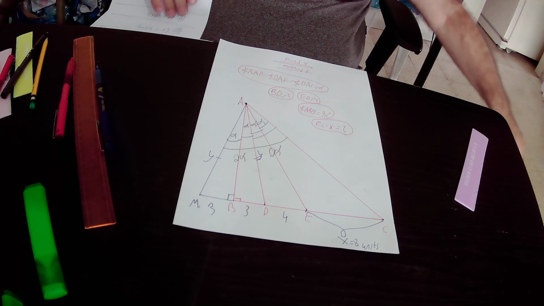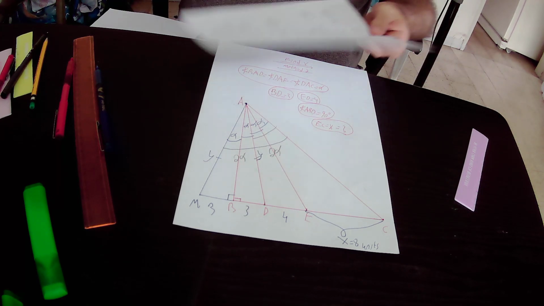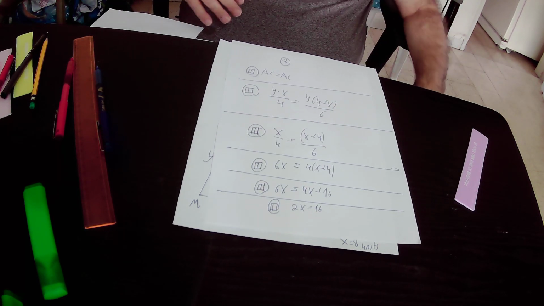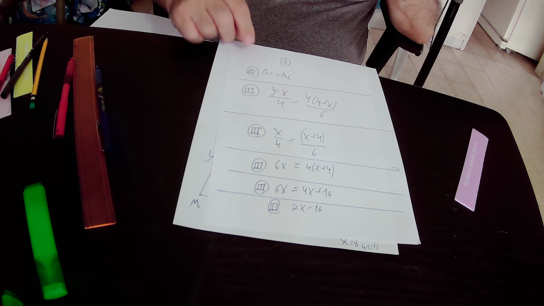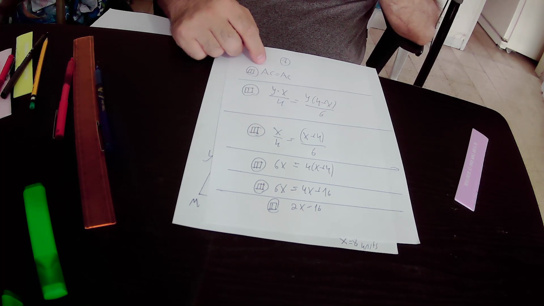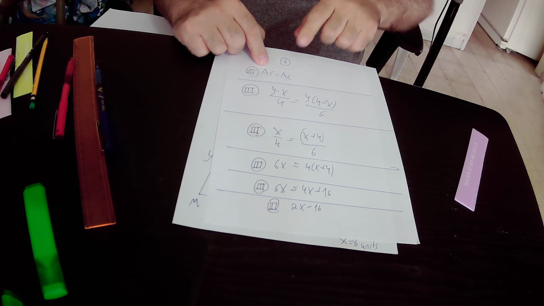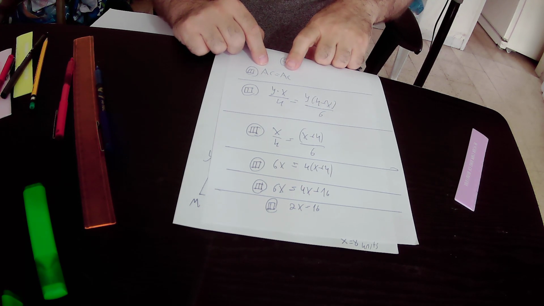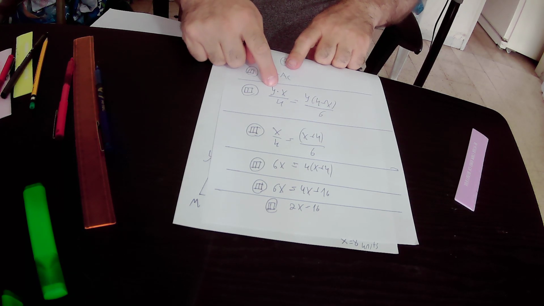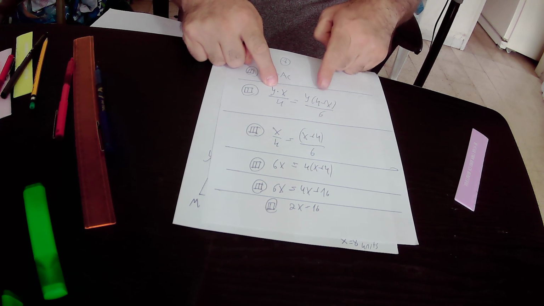Then we created equation number 3, which states that AC equals AC. We placed the value of AC from equation number 1 on one side of the equality, and replaced the value of AC on the other side from equation number 2.